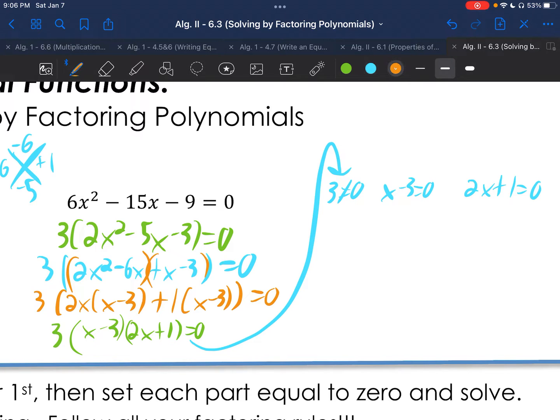As we solve these equations, we add 3 to get x equals 3, and we subtract 1 and then divide by 2 to get negative 1/2. You can always check those by plugging them back into the original equation and verifying that they equal 0, which they would.